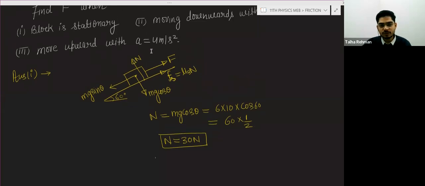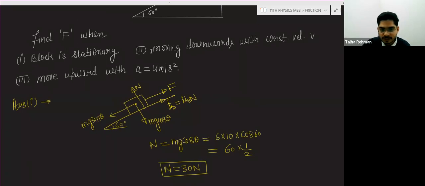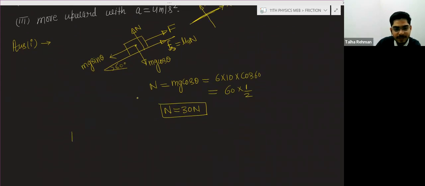Now you take the direction parallel to the surface as the x-axis and perpendicular to the surface as the y-axis. If this block is at rest, the net force on the block along the y-axis is equal to 0. So tell me how you will calculate the net force along the y-axis, Divyangi. How can you calculate?